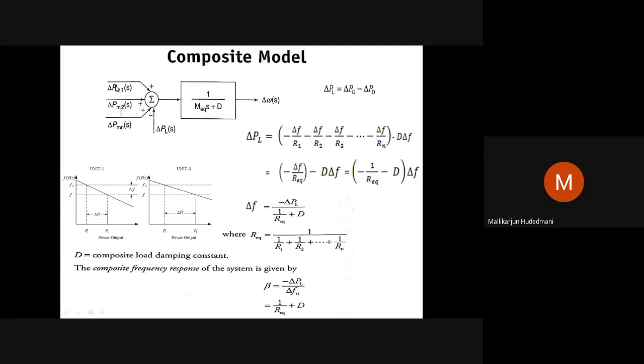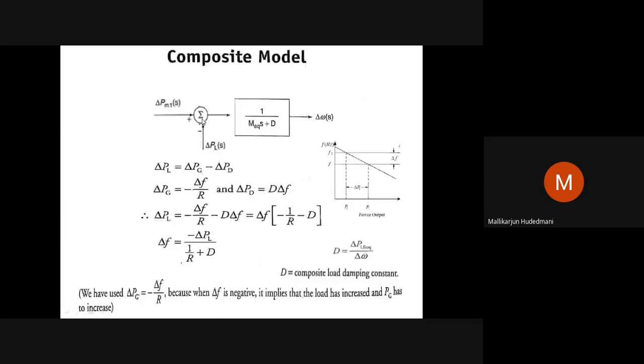When do they change, how do they change, what is the change in frequency the entire connected area experiences for a change in load, I would like to present to you. Before understanding the composite response of a system, let us consider only one generator, a load and an area response by generator and a load. That's what I'm trying to do here.